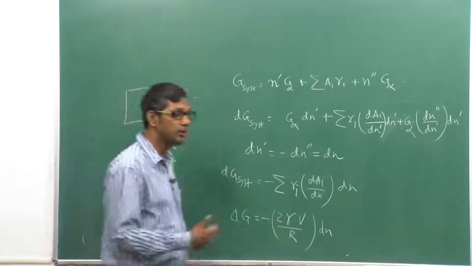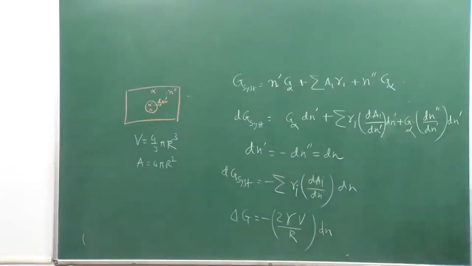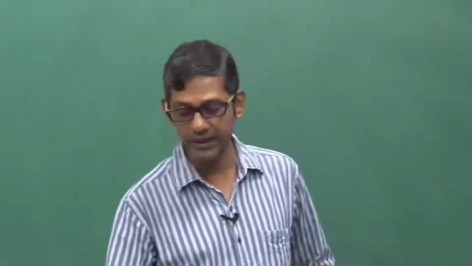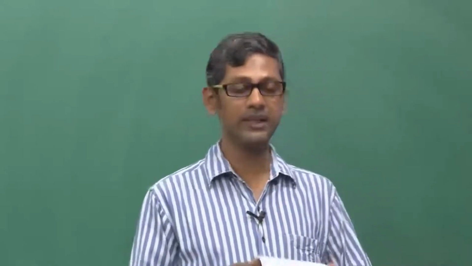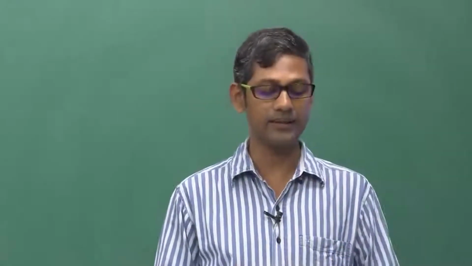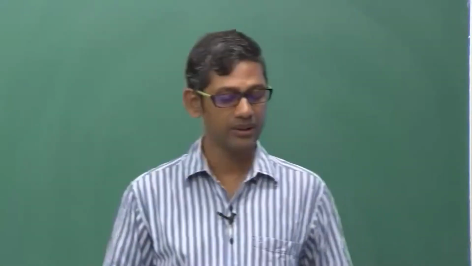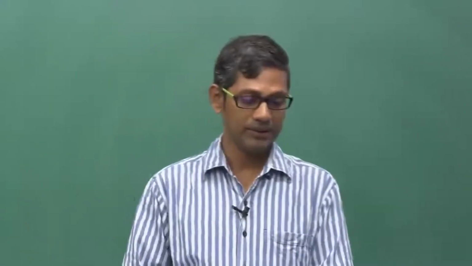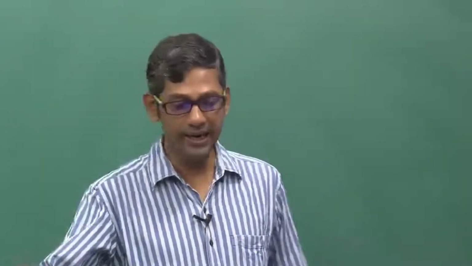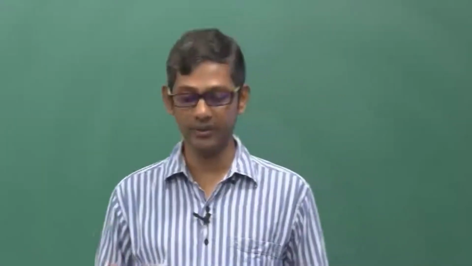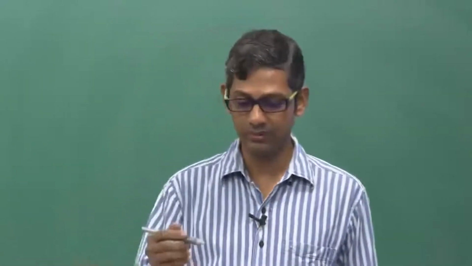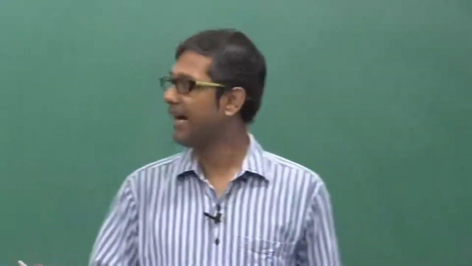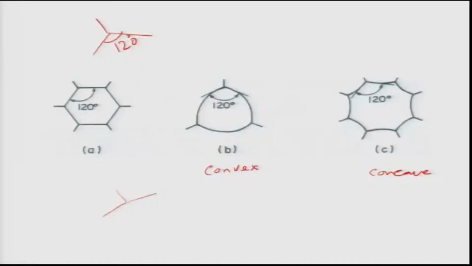So now let us use this analogy to explain the grain growth mechanism here. It's not very difficult to understand, as now I have given you the whole concepts. As you know, grains with fewer than 6 sides will slowly have a convex curvature.